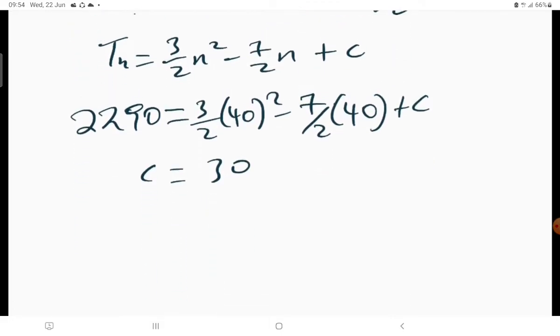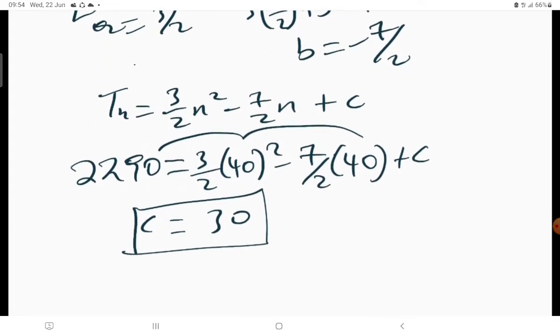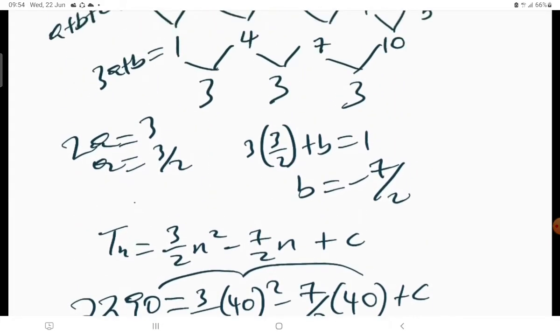So transposing everything to the right hand side, we found C. So this is basically that.